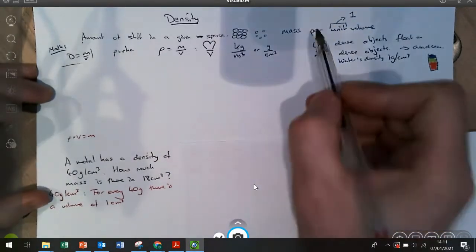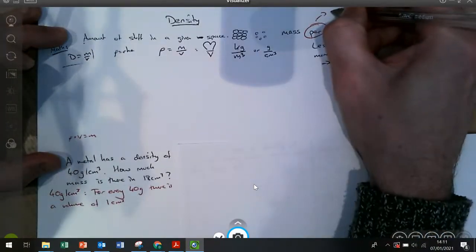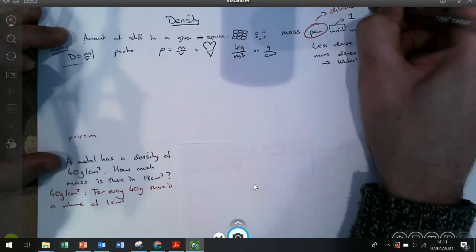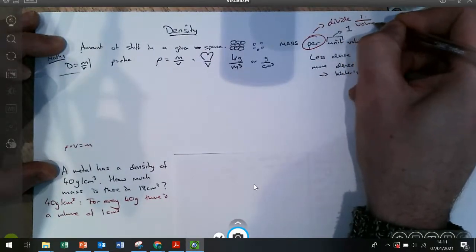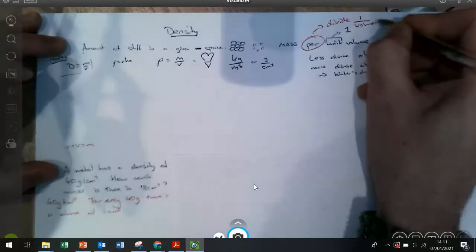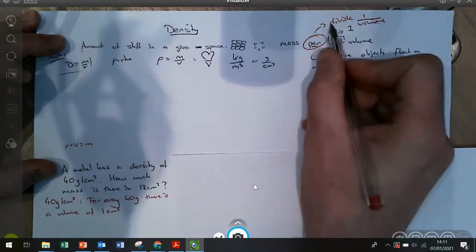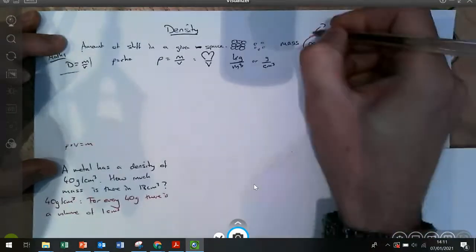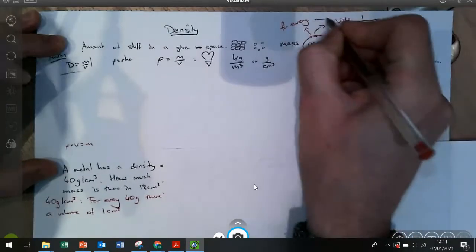So this relies on this definition up here, and it relies on the fact that per means divide, or it means 1 over the thing that's per, so 1 over volume. So it's really, really worth pushing this definition of per that means divide, or we could say it means for every, and then we could say it means divide.